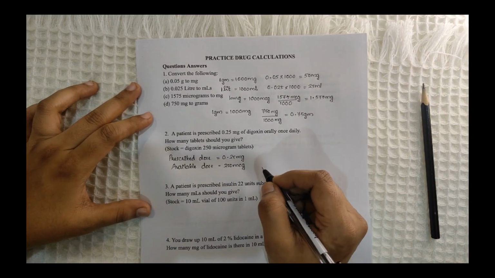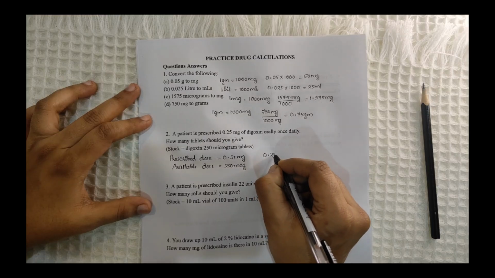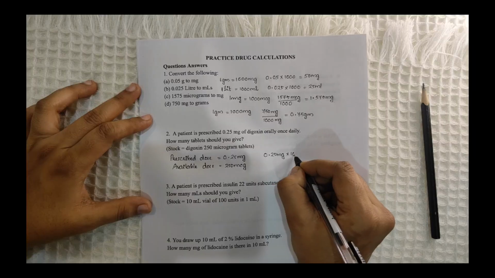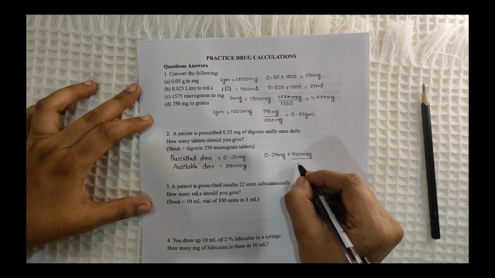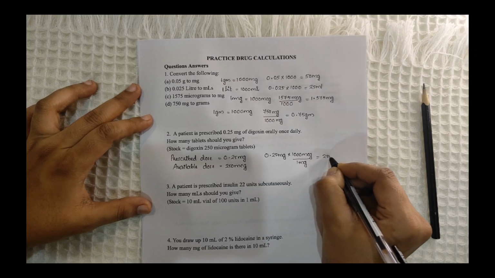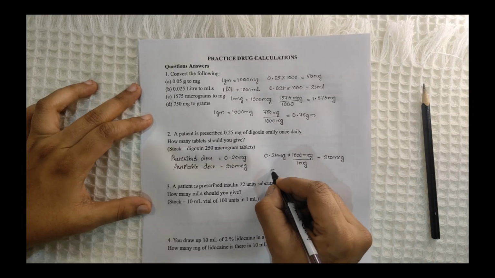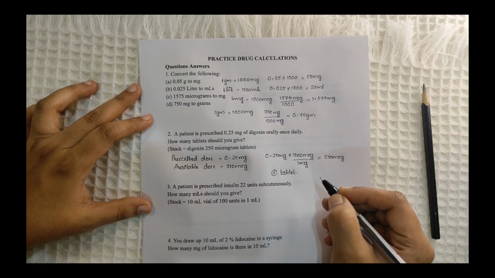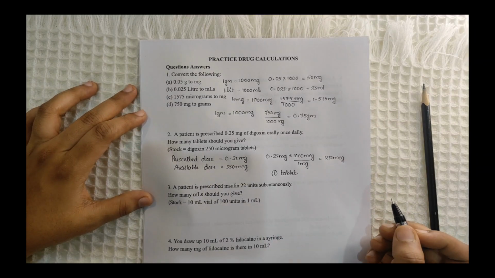So, in this case what we will do, 0.25 milligram into 1000 microgram divided by 1 mg. So, the answer will be 250 microgram. So, we will give 1 tablet to the patient.